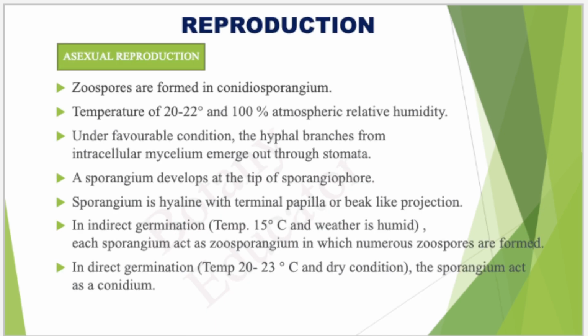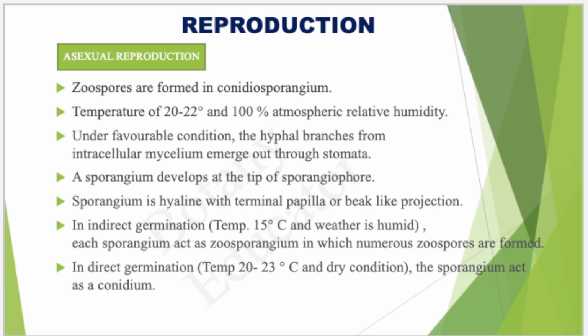Now, asexual reproduction. Zoospores are formed in the zoosporangium. Inside the sporangium, zoospores are formed. So what are zoospores? A zoospore is a flagellated structure which helps in asexual reproduction.